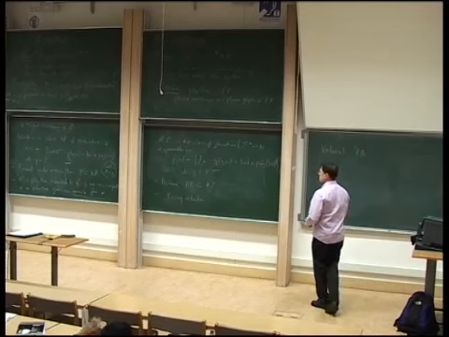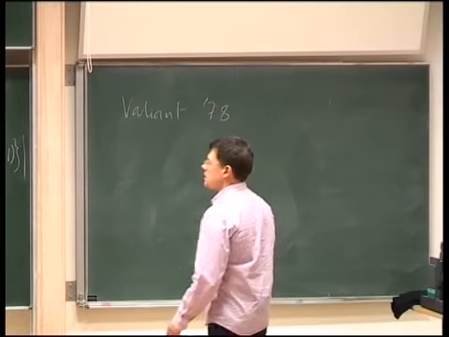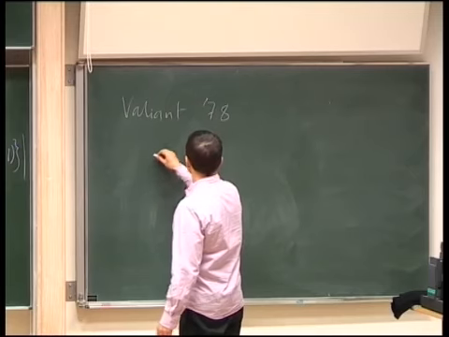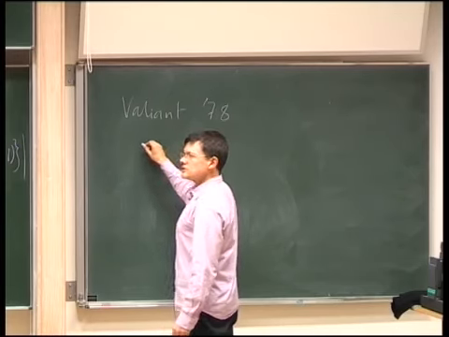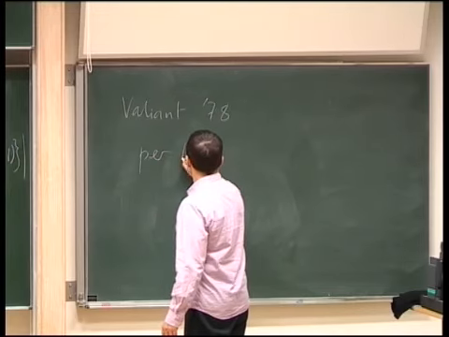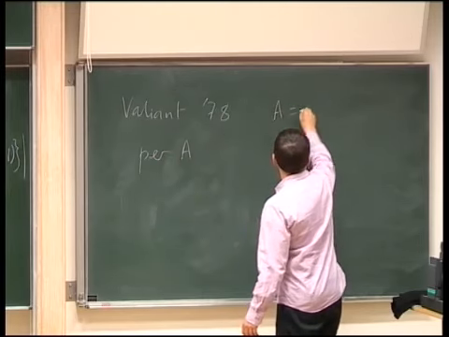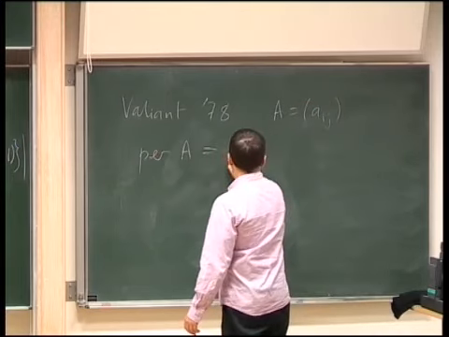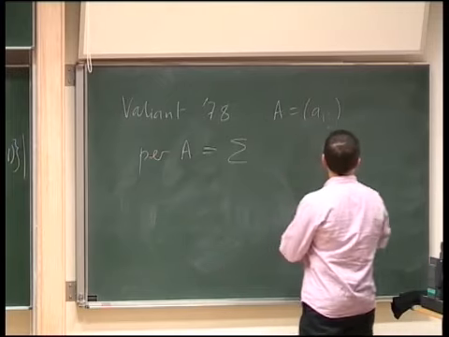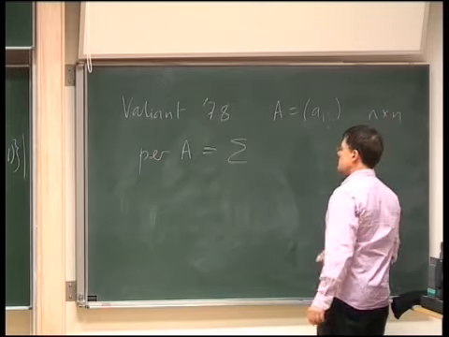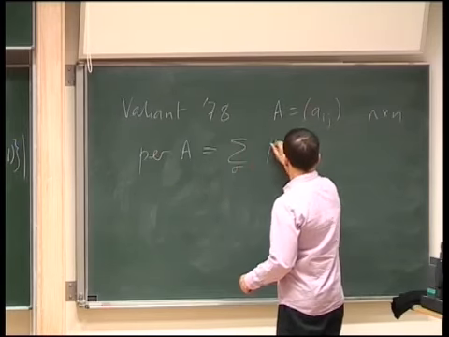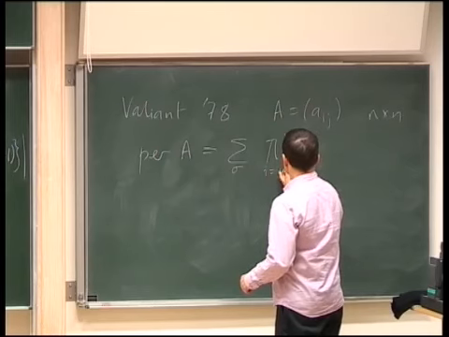He showed the permanent was number P complete. The permanent of a matrix A, where A equals Aij, n by n, is just the sum over permutations, i equals 1 to n.